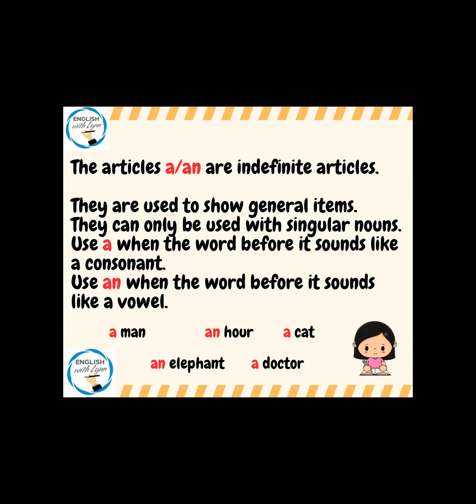If I have a sentence, there is a man in the street, we're speaking about a general man, we don't know him. So the first time we speak about the person, you would use a. If we then carry on speaking about that person, you would say, the man is wearing sunglasses.